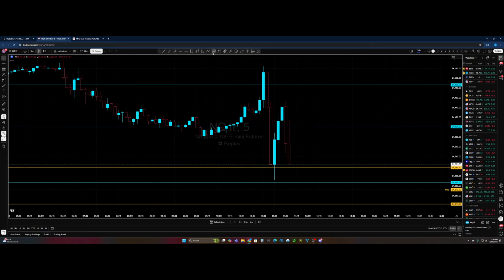Now, if I were to have taken a trade here on the reclaim of this key level, right? Because this would have been technically a liquidity sweep. If I were to have gotten in the trade right after the reclaim of this level, I'm risking 32 points.